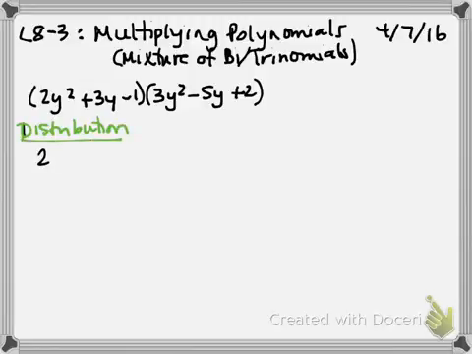So we're just going to line these guys up. Actually, I'm going to color code them like I did before. So let's do 2y squared is one color, 3y is going to be a different color, and the constant is going to be a different color, just so you can kind of track what I'm doing. And then the second polynomial just stays solidly colored.